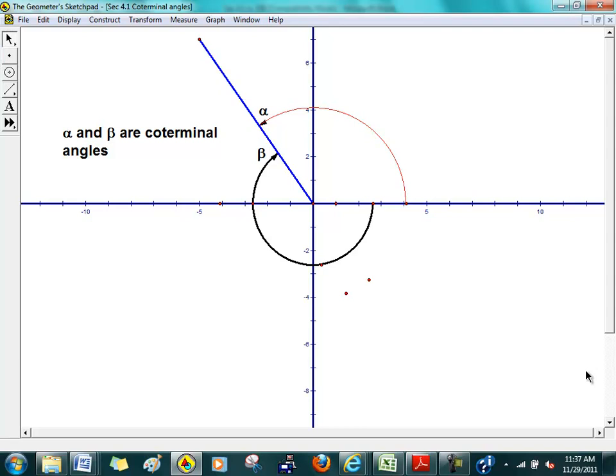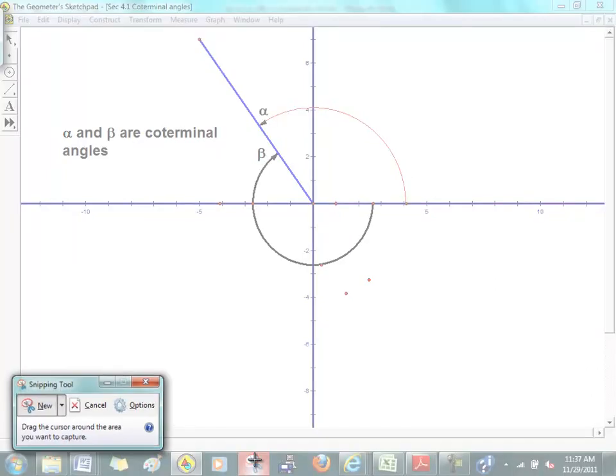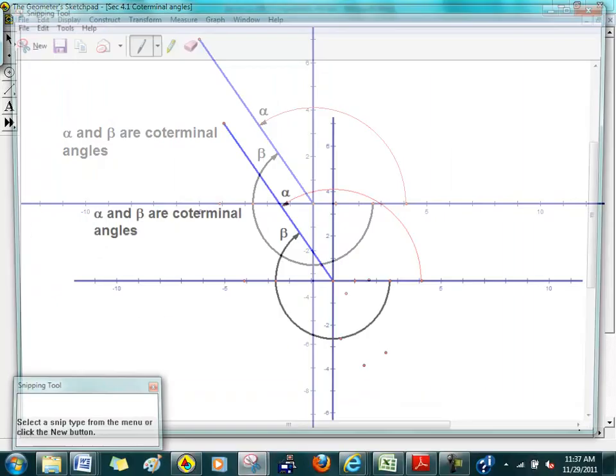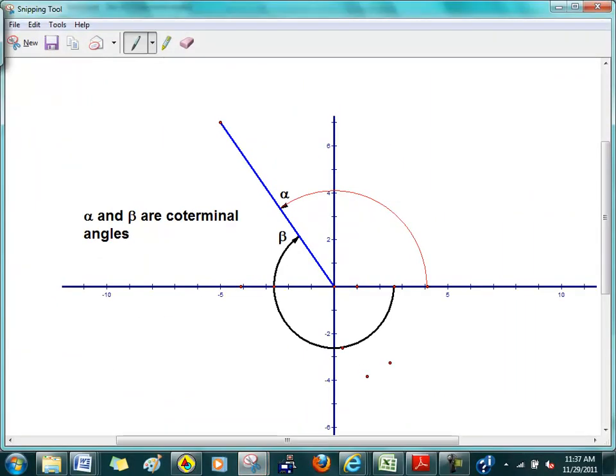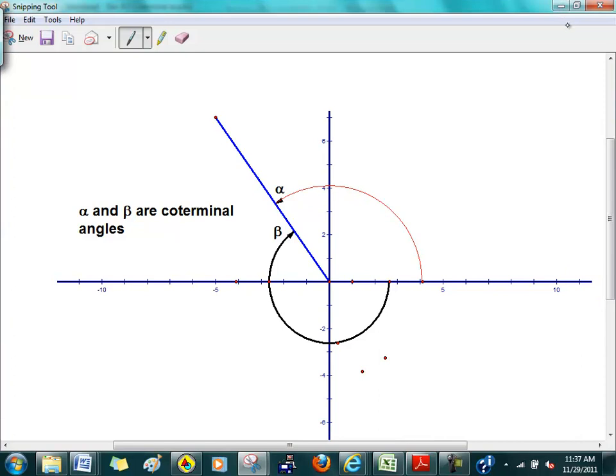Like you see in this picture here, you've got 120 degrees being coterminal with minus 240 degrees. It gives you the same terminal side. You end in the same place.